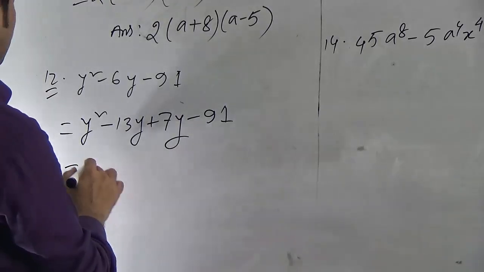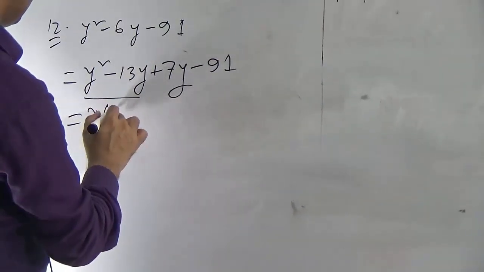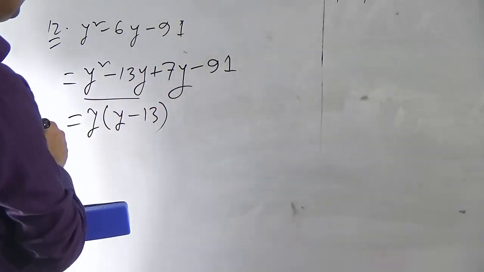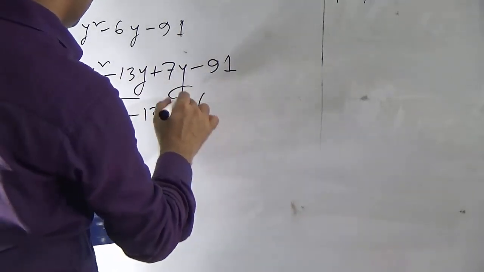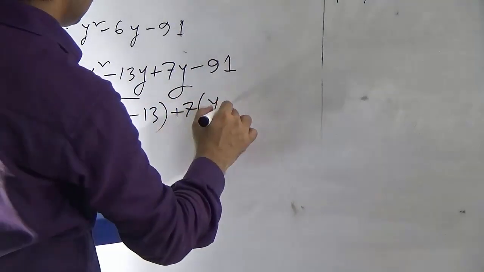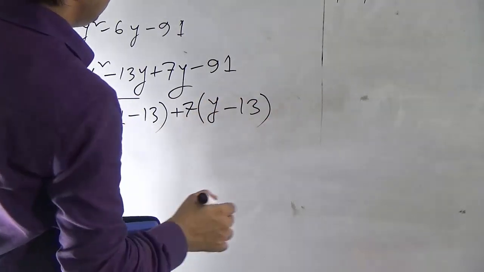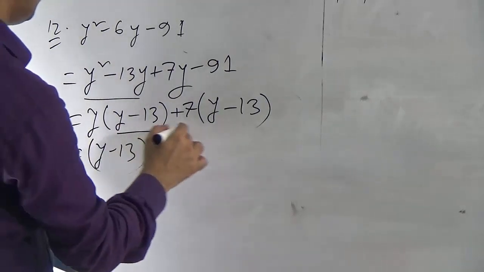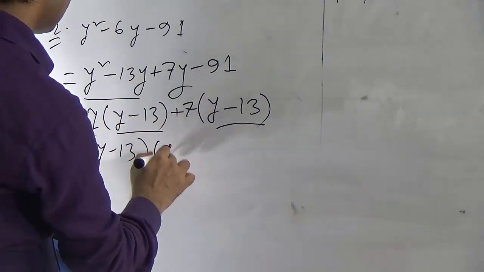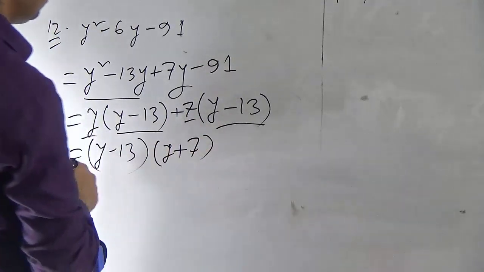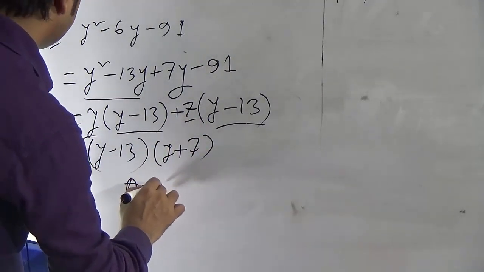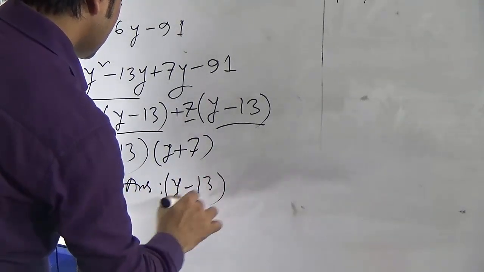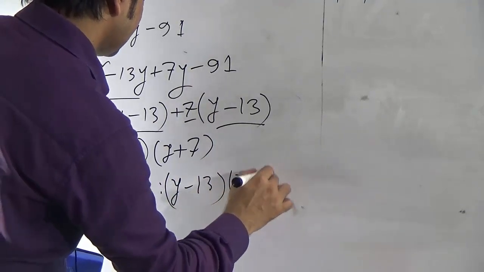Now we can take y as common from these two terms. Y will remain in the first term, here is minus, and 13 will remain in the second term. Now plus 7 take common, y will be in the first term, then minus 13 will be in the second term. Now y minus 13 is common here. Now y is left and plus 7 is left. So this is our required answer for question 12: y minus 13 into y plus 7.